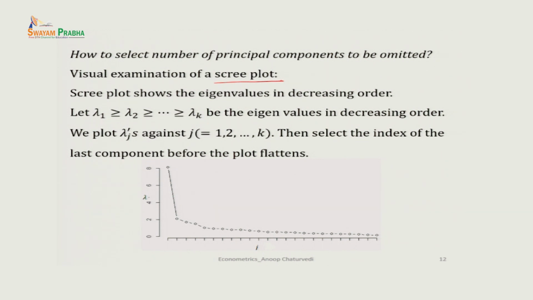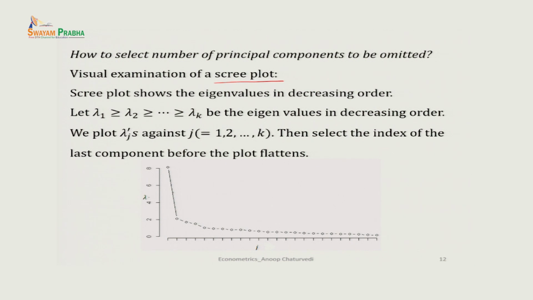A scree plot shows the eigenvalues in decreasing order. You take j on the x axis and the corresponding eigenvalues on the y axis, and you start from the largest eigenvalue. So, suppose we order the eigenvalues in decreasing order.